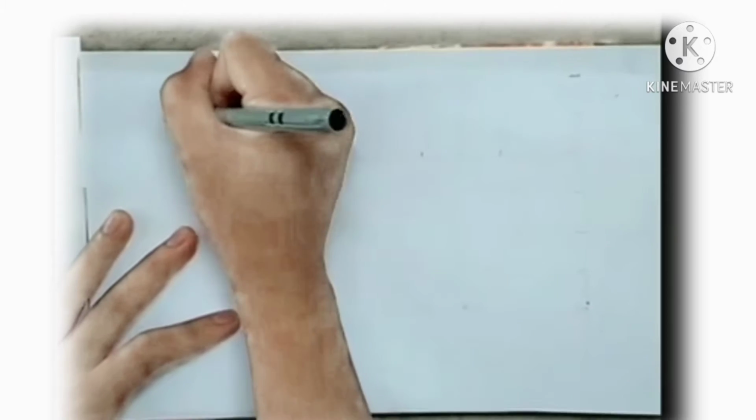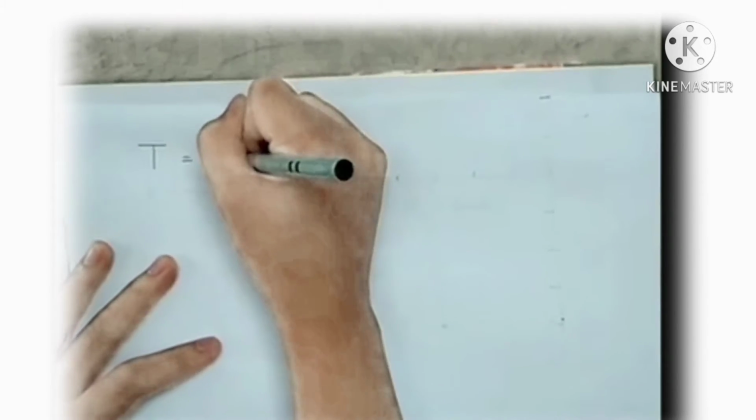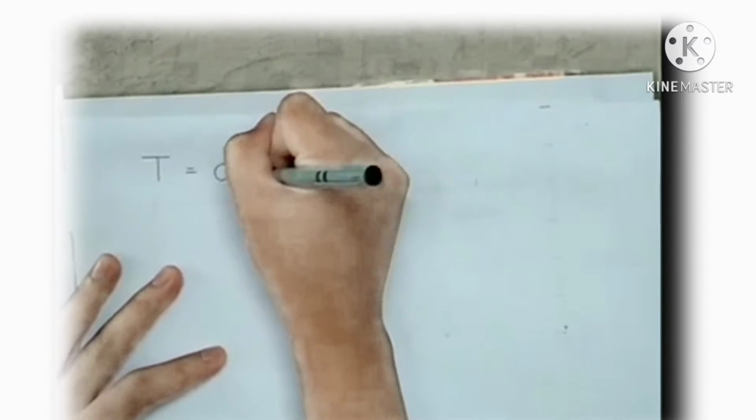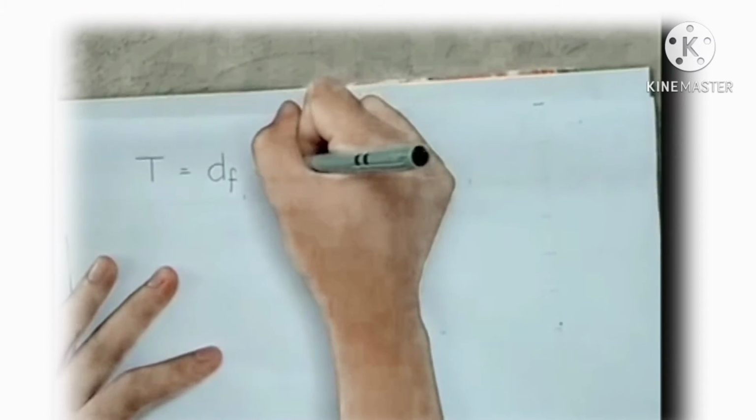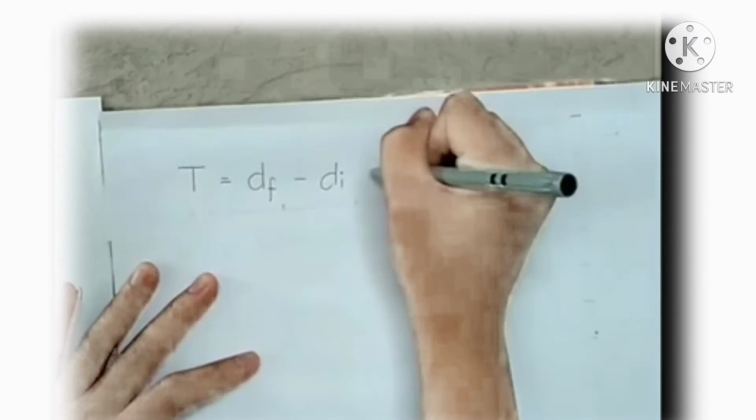So the formula for this would be time is equal to the final time minus the initial time.